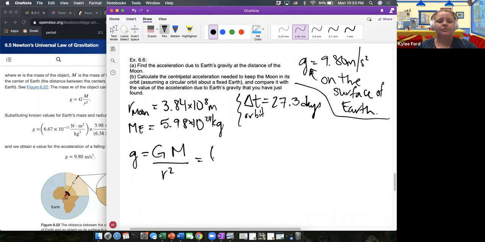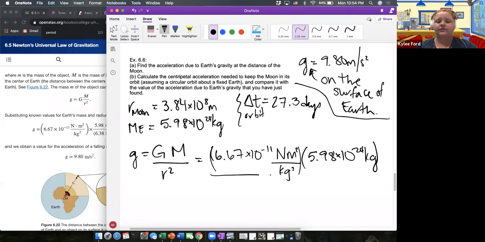Okay, so what we'll do is plug these numbers in, sort of like they did here. I can pull that gravitational constant from right here, 6.67 times 10 to the negative 11 Newton meters squared over kilograms squared, times my mass, which is 5.98 times 10 to the 24 kilograms, divided by my radius, 3.84 times 10 to the 8th meters squared.